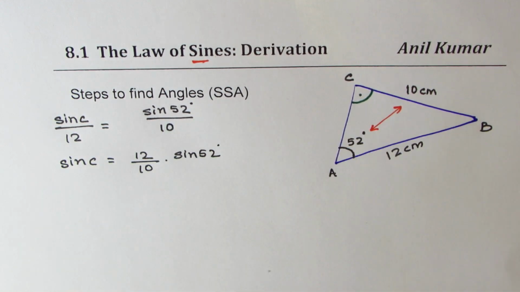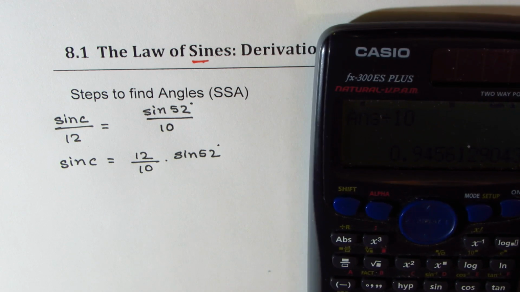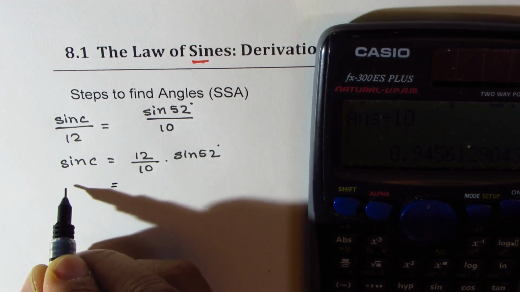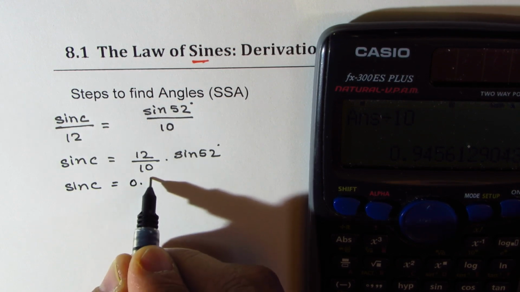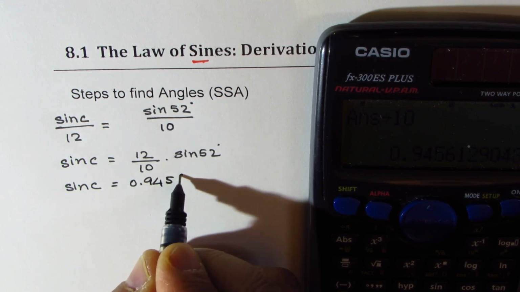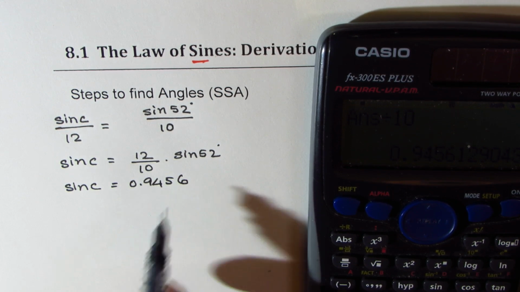Just cross multiply. You can use a calculator: 12 times sine of 52 degrees, and then divide this by 10. Write the answer to at least 4 decimal places. Sine C equals 0.9456. Do you see that? I wrote 4 decimal places for accuracy.